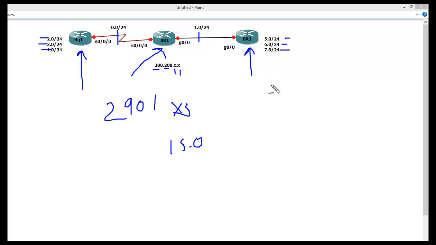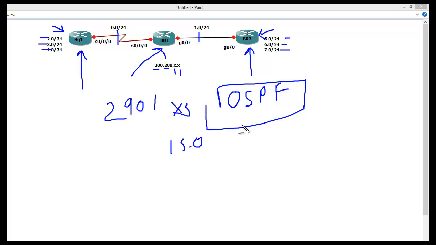These are the loopback addresses going to connect with branch router 2 as well as headquarter router 1. I also used OSPF as a routing protocol so that they come to know the routes and exchange their routing information using OSPF.